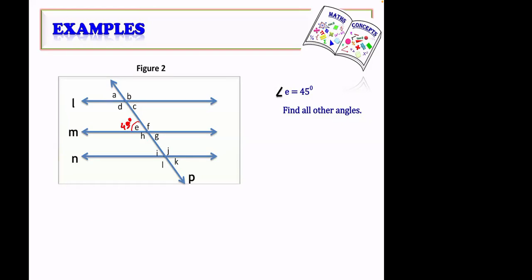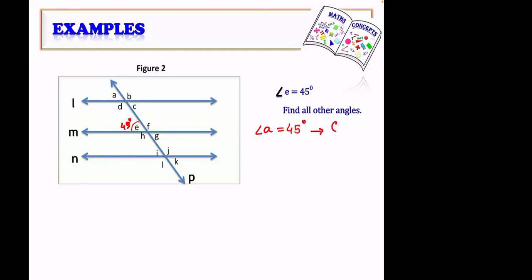Angle A and angle C are 45 degrees. You have to tell me a reason also for each angle. Why is angle A 45 degrees?